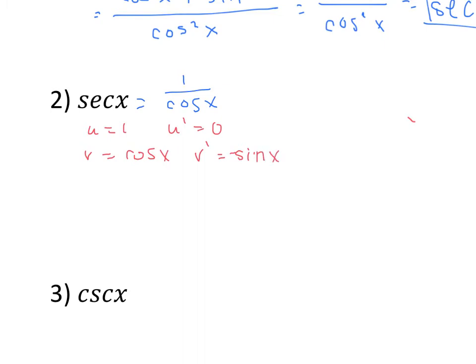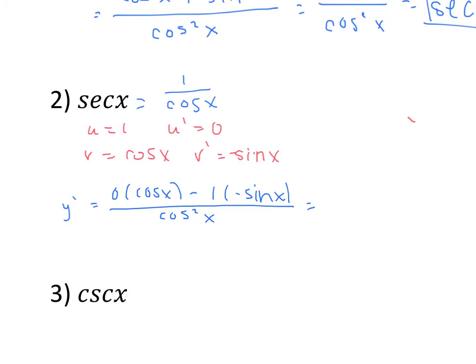So now, when I take y prime, I'm going to end up with 0 times the cosine of x minus 1 times negative sine of x all over cosine squared of x. So when I simplify this, this term is going to go to 0, and I'm left with two negatives here and here, so that'll become a positive. So I'm left with sine of x over cosine squared x.